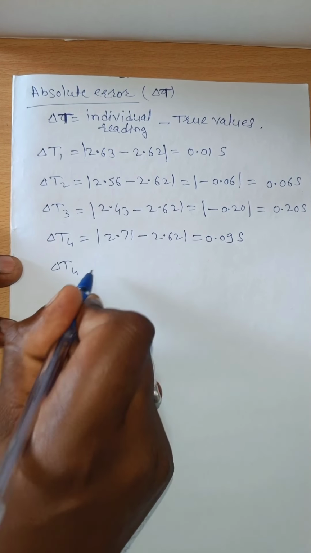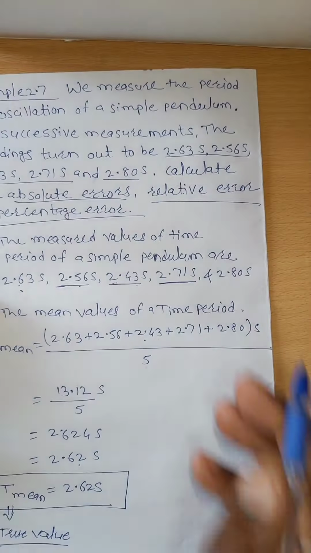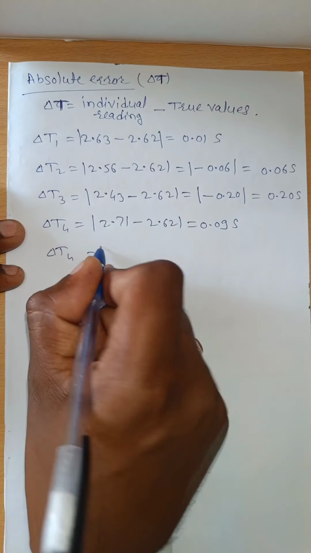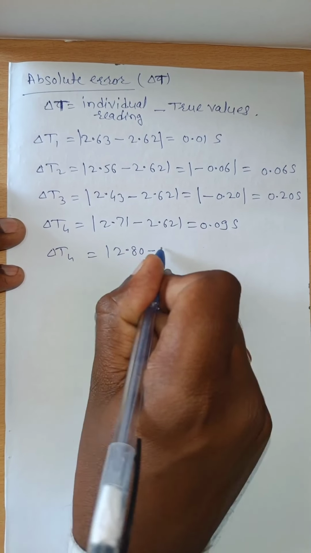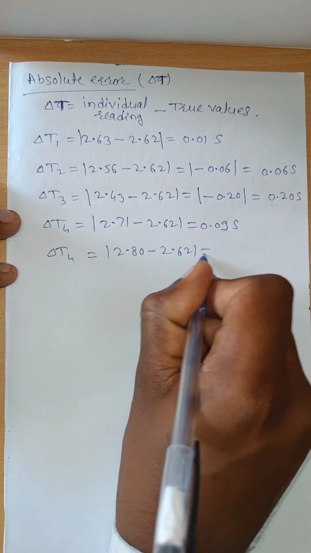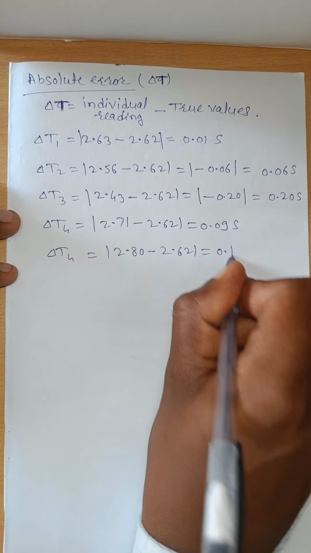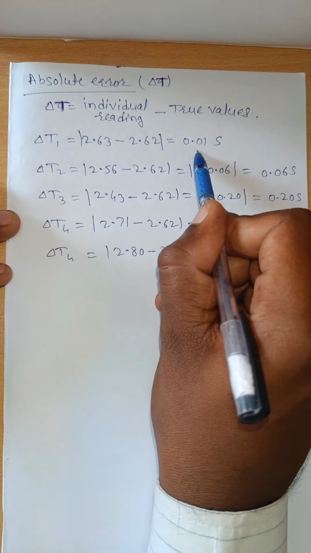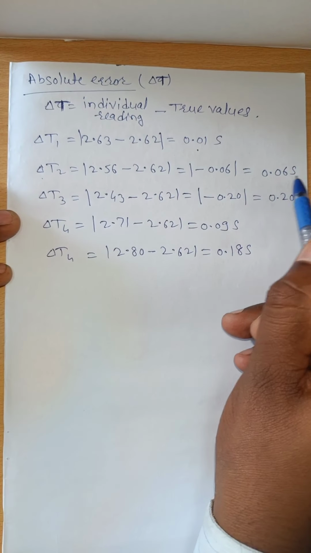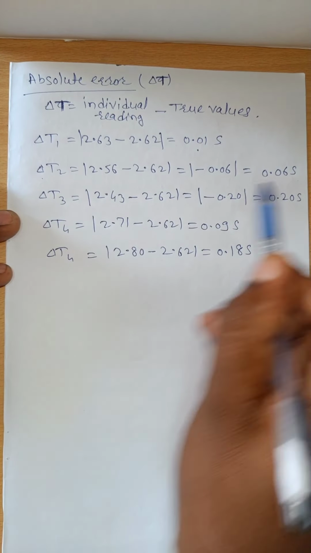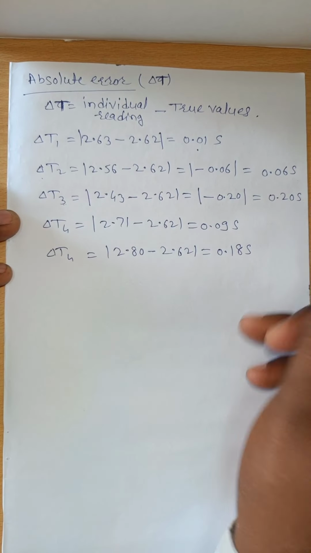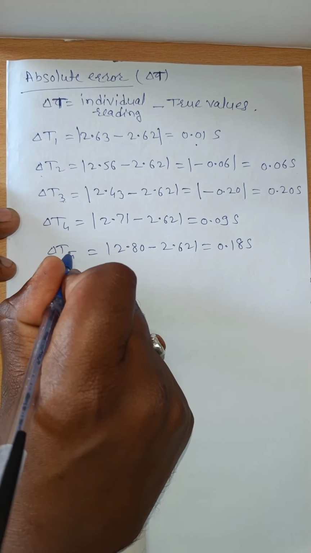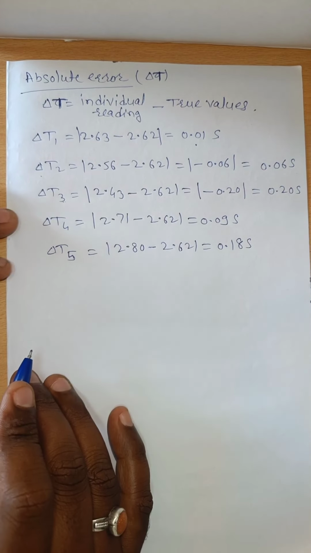Now delta T5, the fifth individual reading, is 2.80, the mod of 2.80 minus 2.62, which is 0.18 seconds. So delta T1 is 0.01 seconds, delta T2 is 0.06 seconds, delta T3 is 0.20 seconds, delta T4 is 0.09 seconds, and delta T5 is 0.18 seconds.